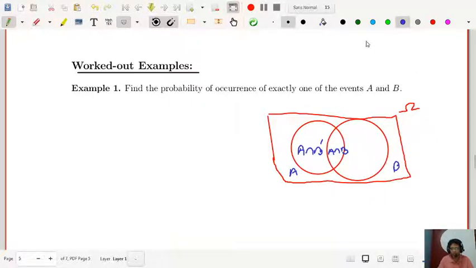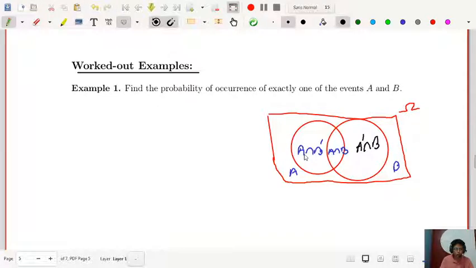And this part is A complement intersection B. Clear? So these are the regions. So what you can say, A intersection B and A intersection B complement are mutually exclusive.